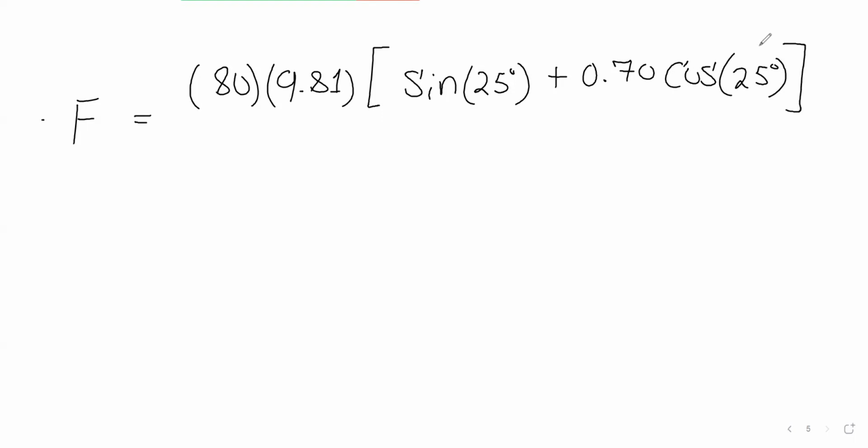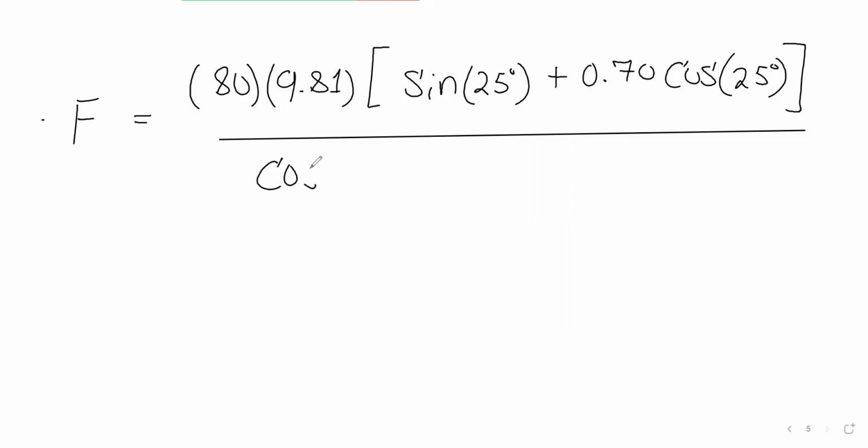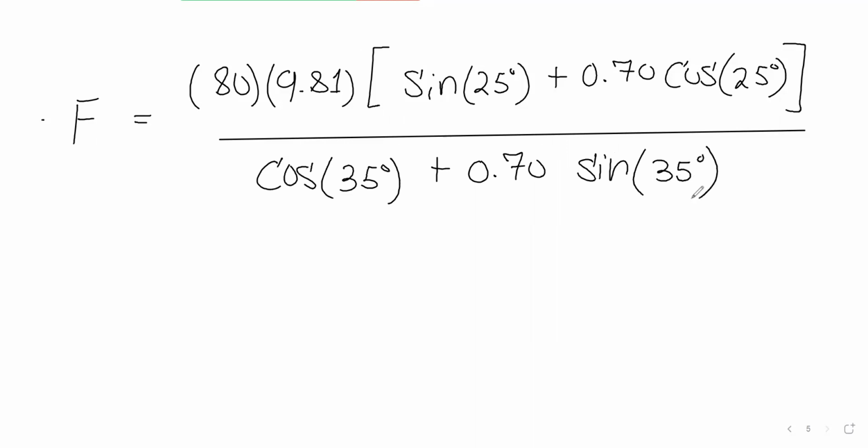Now I'm just moving a little faster because I'm rewriting. So if I'm speaking fast, feel free to pause the video. Again, the denominator was cosine phi, so cosine 35 degrees, the angle of the force, plus mu sine angle of force.